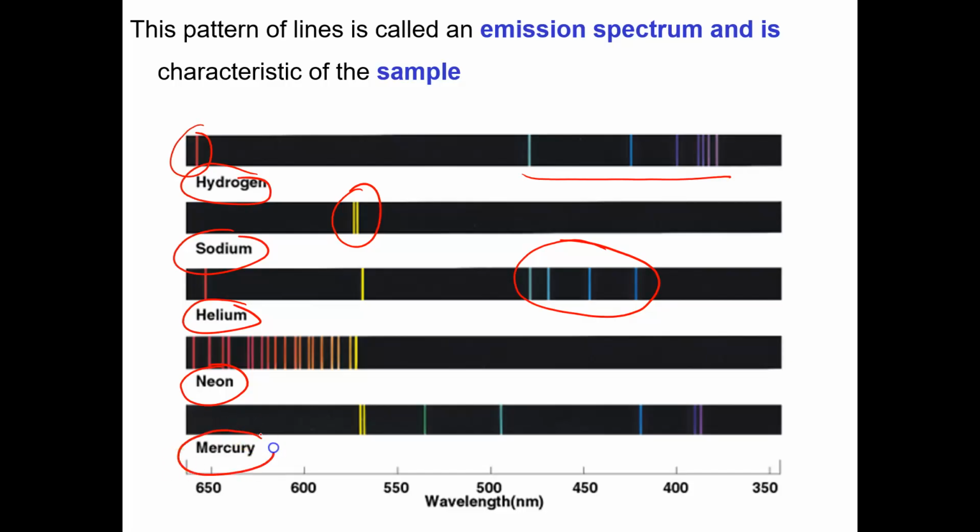And then mercury has a pretty even distribution of lines across the whole of the visible region. It's lacking a little bit in the deep red, but it's got a pretty good spread. When you add those colors together, you get an approximation of white. So an emission spectrum shows the colors that are emitted by an element when it is energized.